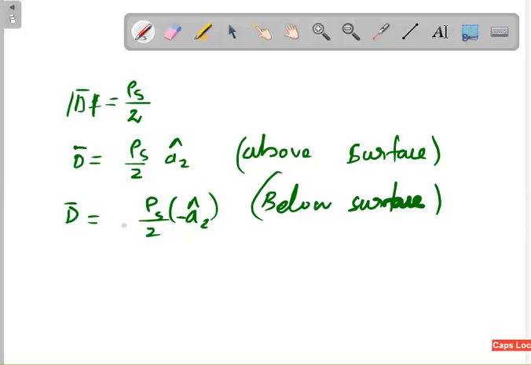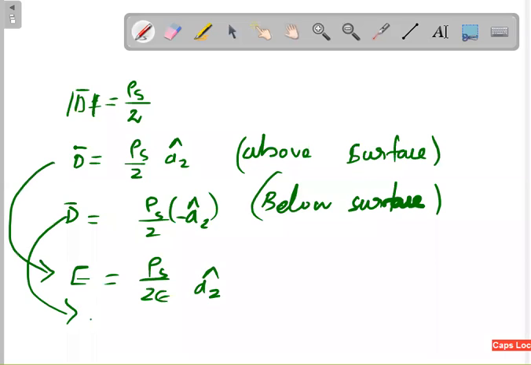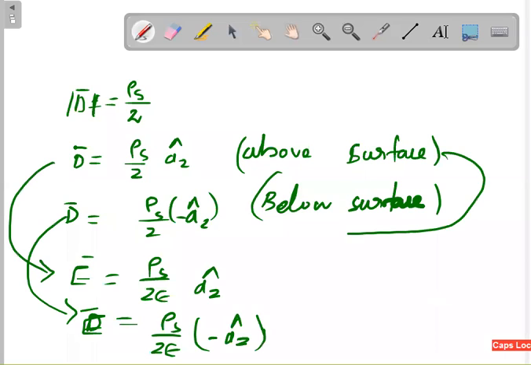Again, from this you can calculate the electric field also: E is equal to rho_s divided by 2 epsilon a_z cap above the surface. Similarly, E is equal to rho_s divided by 2 epsilon, but minus a_z cap below the surface. This is the final answer.